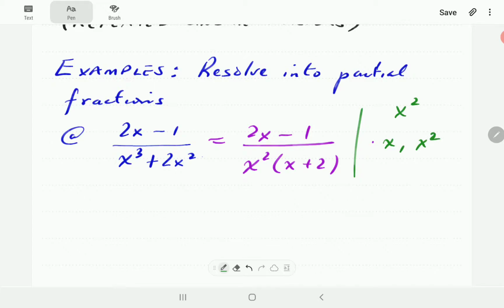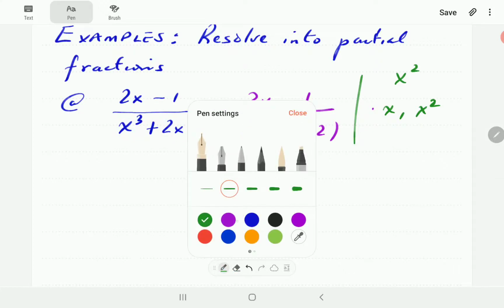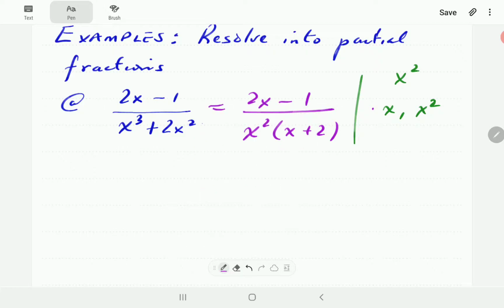So those are two different factors, and for each of them we're going to have a partial fraction. The other thing we mentioned is that if the denominator is a cubic, then we can expect the unknowns in the partial fraction decomposition to be 3.